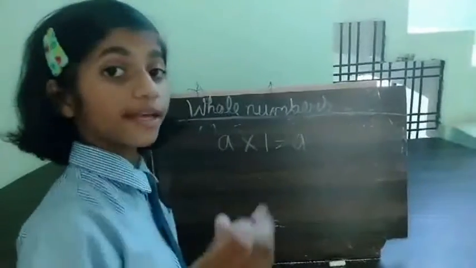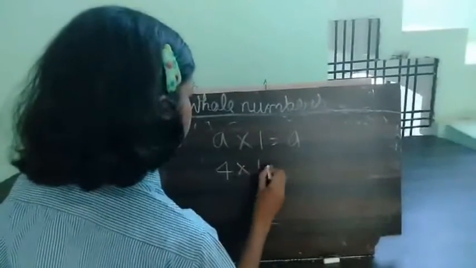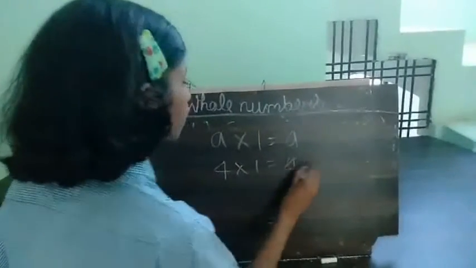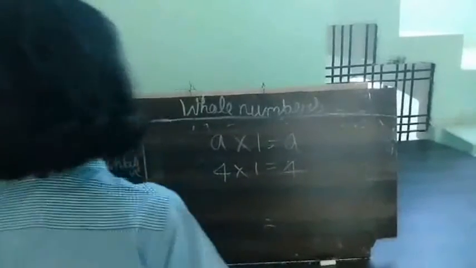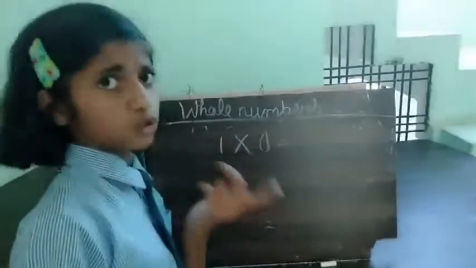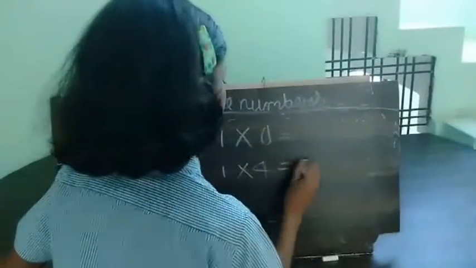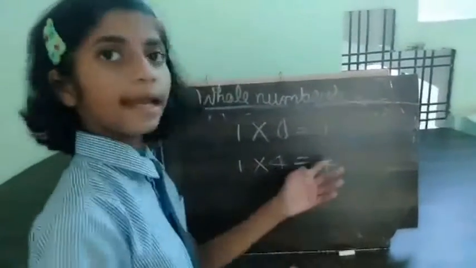The value of a is 4, so 4 into 1 equals 4, and here a. And like second, 1 into a also equals a. The value of a is 4, also equals 4, and here a.